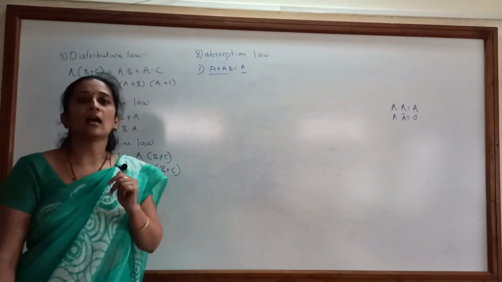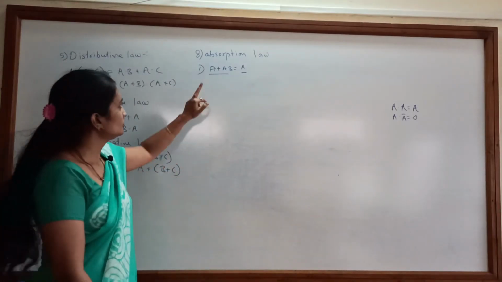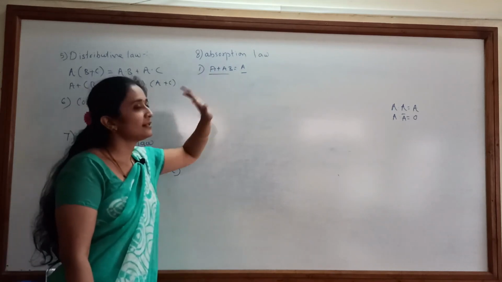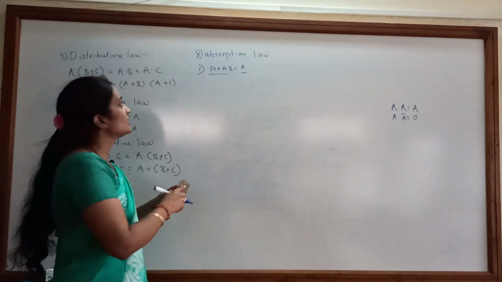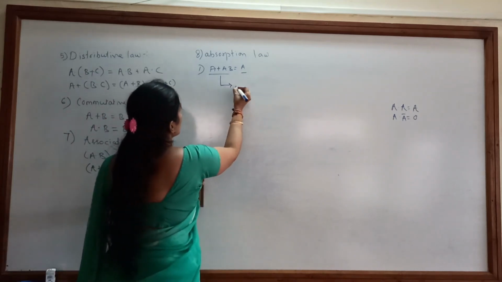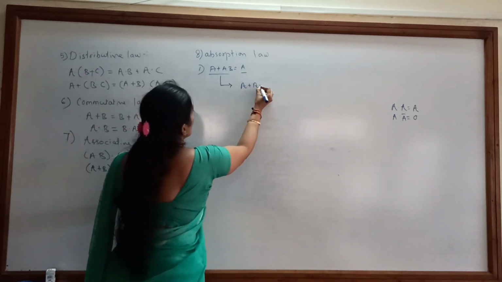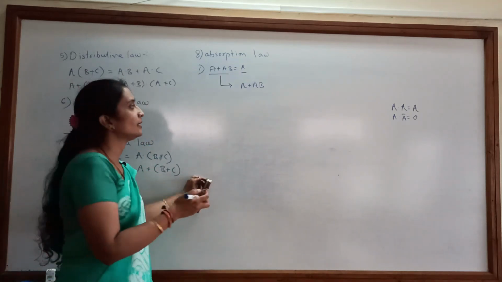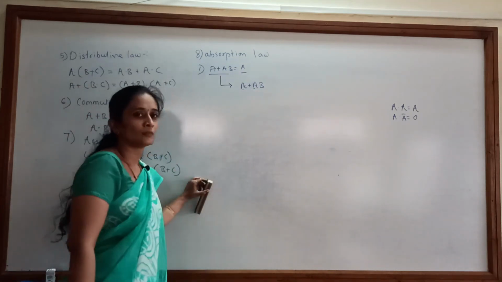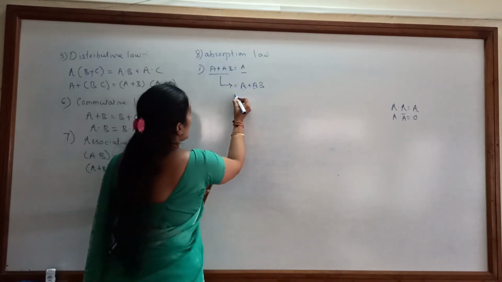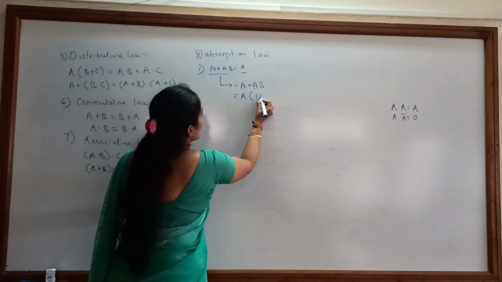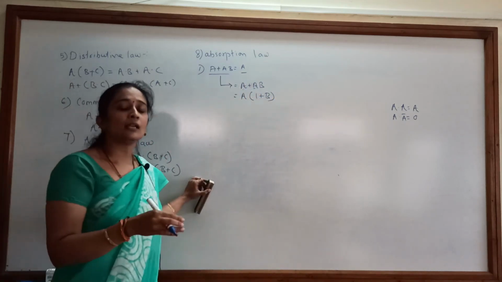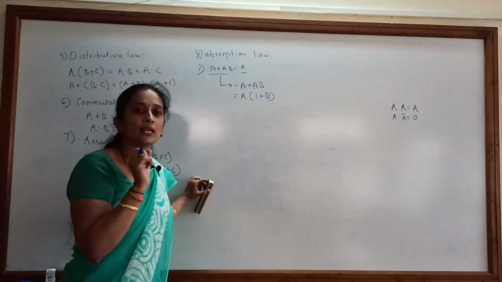Eighth one is absorption law. This is first absorption law. A plus AB is equal to A. To prove this, we will take first this A plus AB. In this term, what is common? A is the common. We will take A as a common. What will be the inside? 1 plus B. We have seen in rules of OR gate.